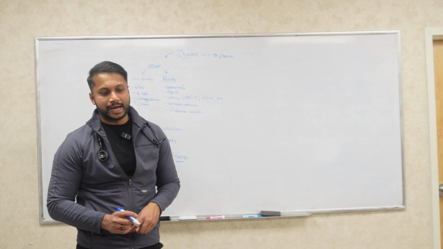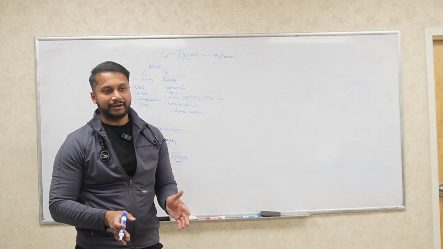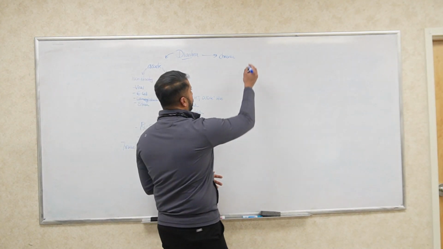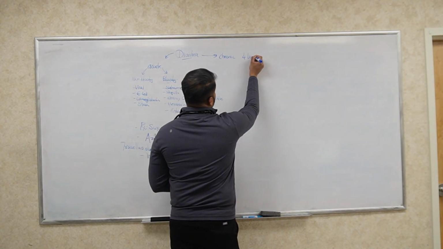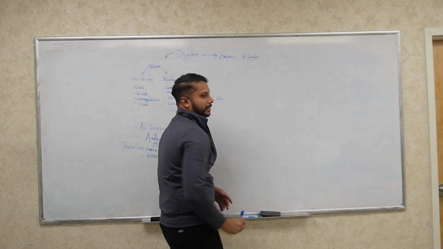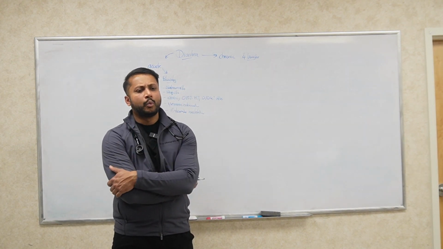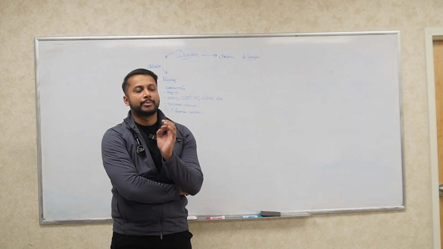Now when we go into chronic diarrhea, first important thing, it's diarrhea persistent for how long? More than 4 weeks. Do we see patients who come with diarrhea for more than 4 weeks? We do. When somebody comes with more than 4 weeks of diarrhea, what should our thought process be?